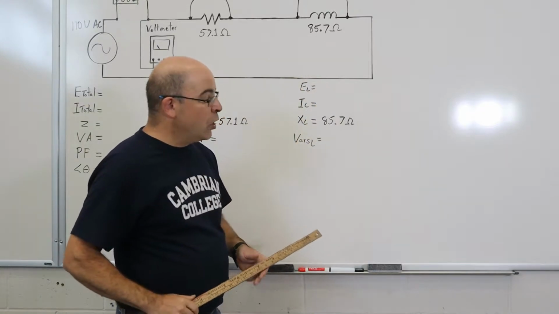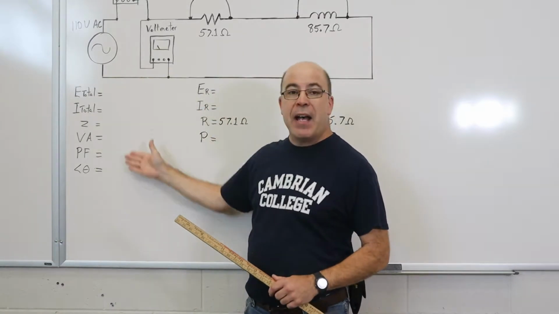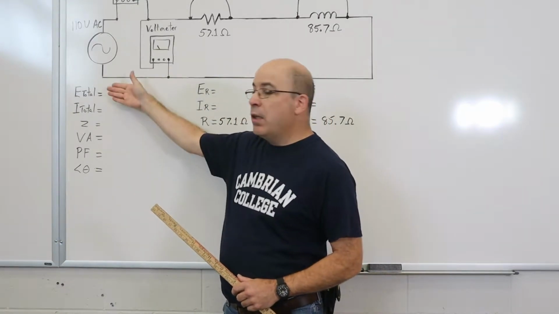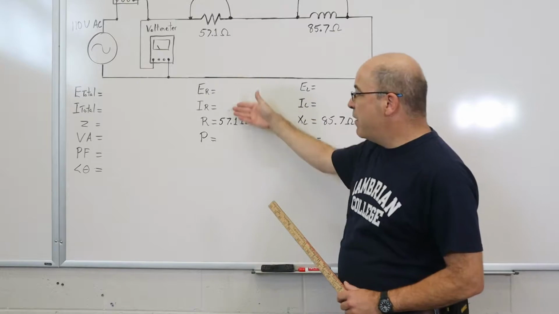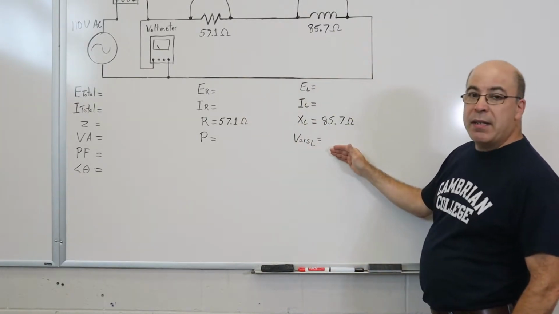So we're going to go through the entire process of solving for the missing values in the circuit, both for the power supply, the missing values here for the resistor, and the missing values here for the inductor.